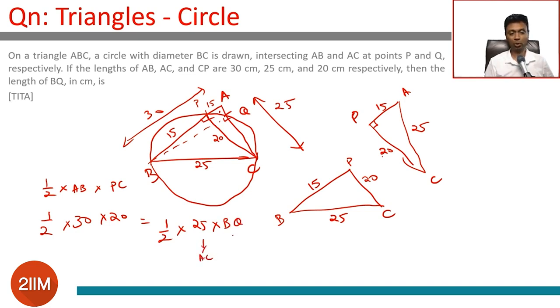Plug this in and you're through, we'll be able to find BQ. This half and half disappear. 25, take off a 5, make this 6, take off another 5, make this 4, 6 into 4, 24. BQ is 24 centimeters long. Wonderful, wonderful question. Pythagoras theorem and the idea that area is half into base into height.